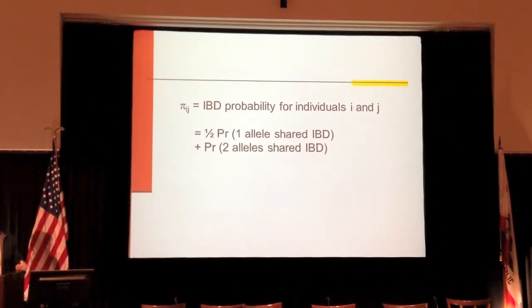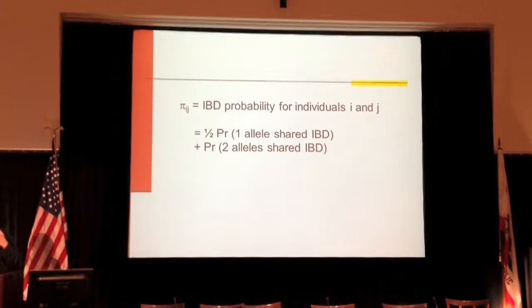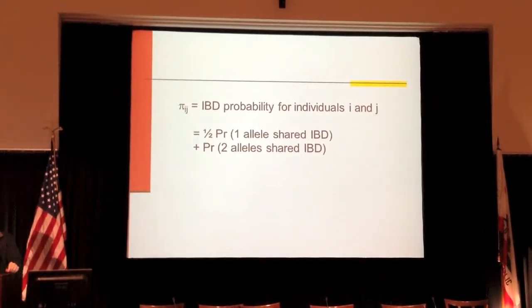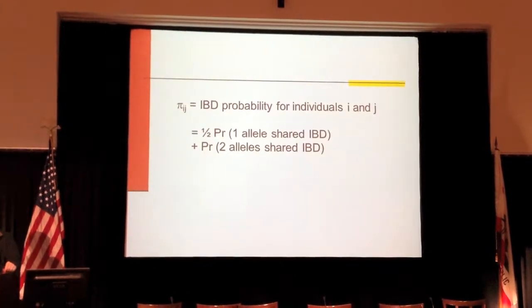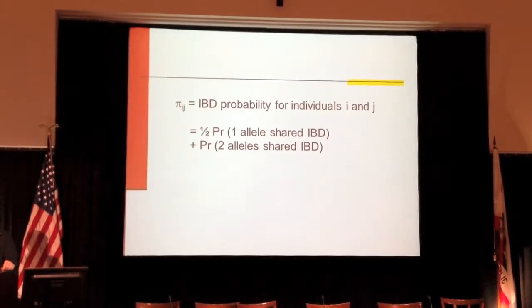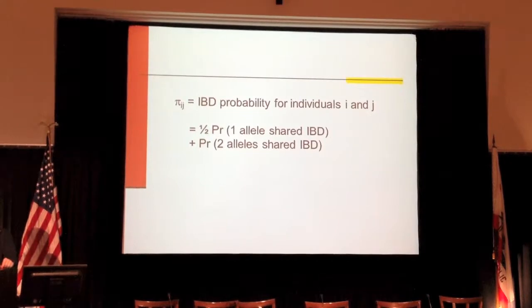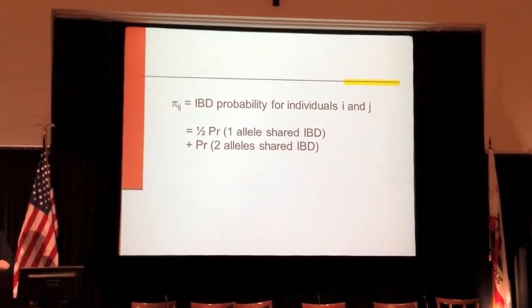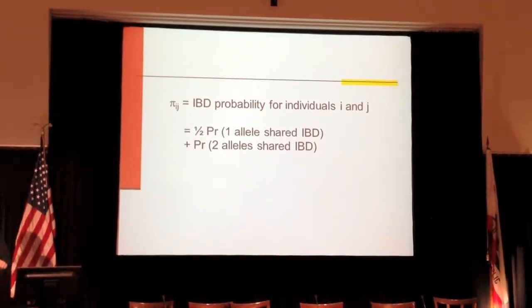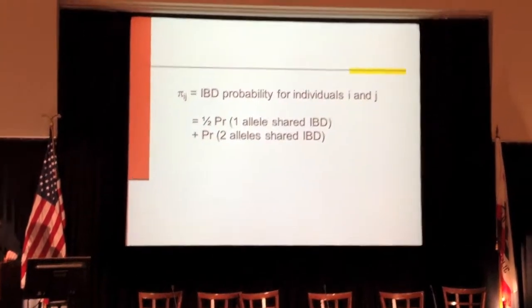To facilitate those analyses, you basically have to make this matrix of pi coefficients, where pi ij would be the IBD probability for individuals i and j to share the same genotypes from the same ancestral location.